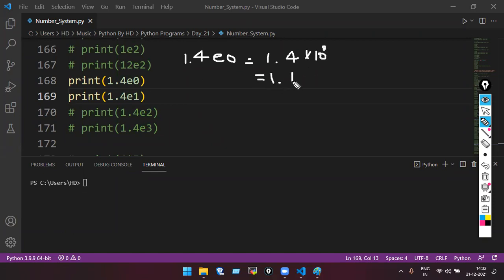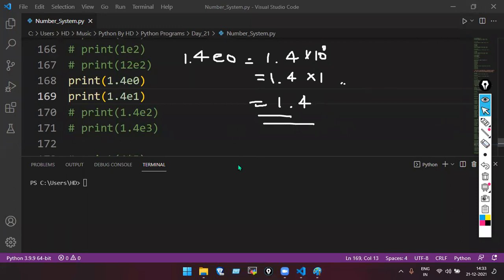How much? 1.4 into 1. How much is it? 1.4 only. And how do you get the answer there? 1.4, will 0 come there? No. Just 1.4 should be the answer now.